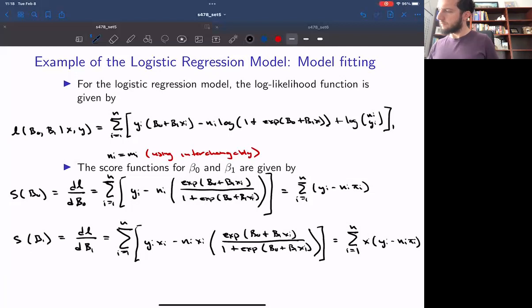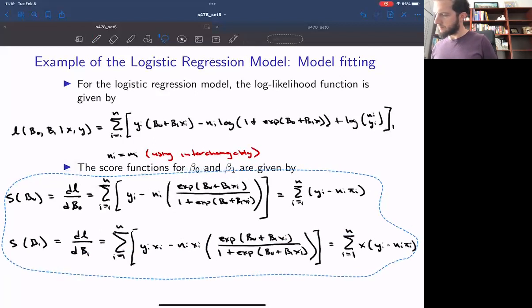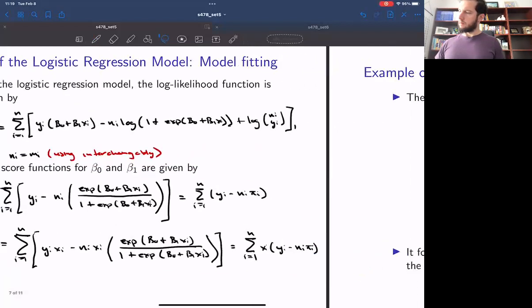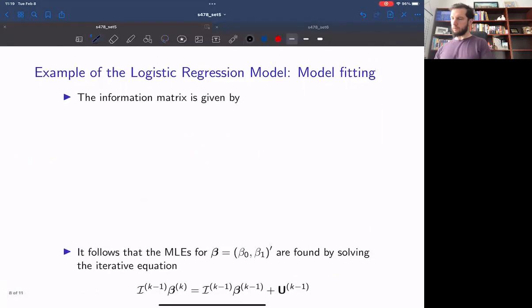Okay, let's make sure, just give it another second in case anyone is still copying here. Right. So the next thing we can do is show the formulation of the information matrix.